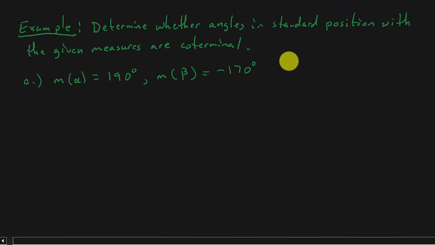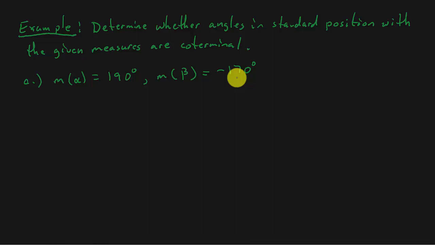All right, now let's look at this. Here it says determine whether angles in standard position with the given measures are coterminal. So we want to know, is 190 degrees coterminal with negative 170?